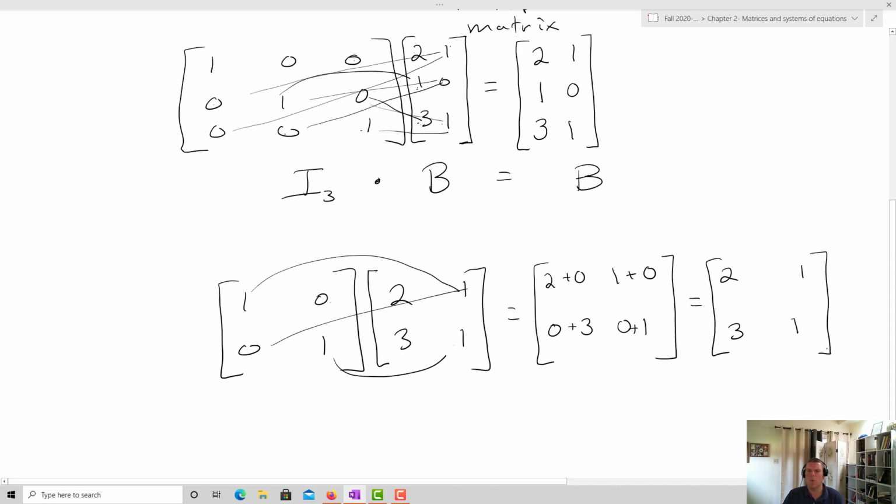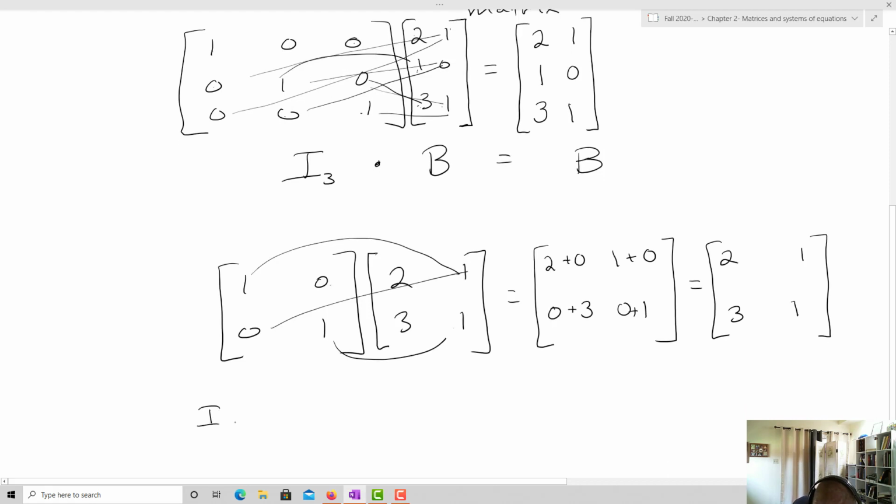The identity, what will happen is that if we multiply anything by the identity, it gives us back the original value or the original matrix. Okay? So if we wanted to generalize, and we're going to be very careful about this in just a minute, if A is n by m, then I_n times A equals A. Right?